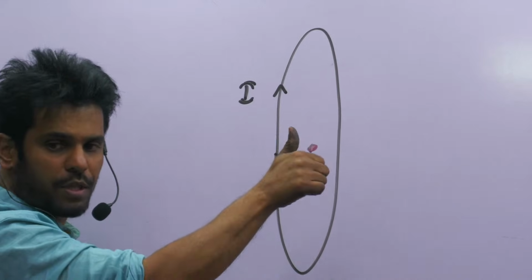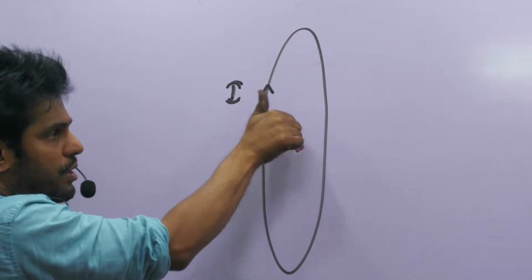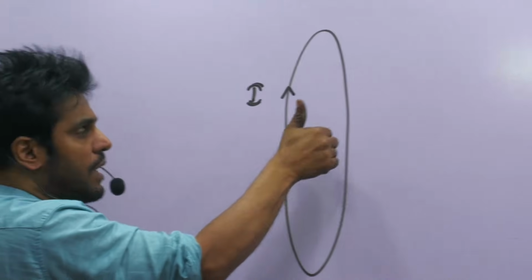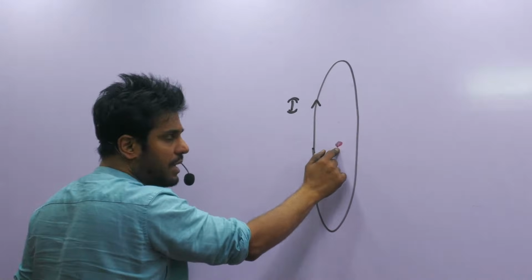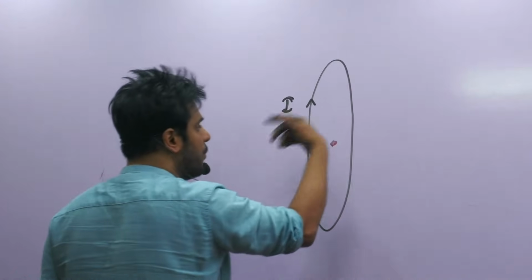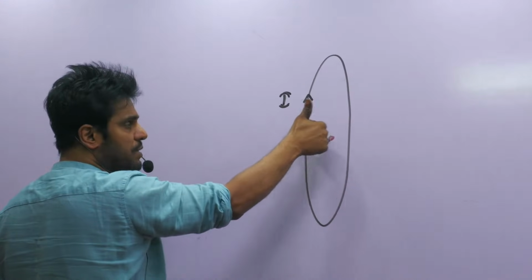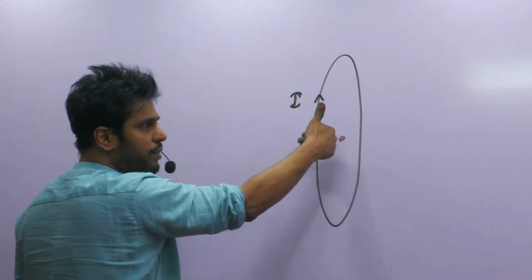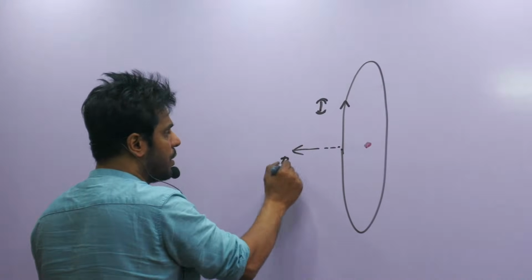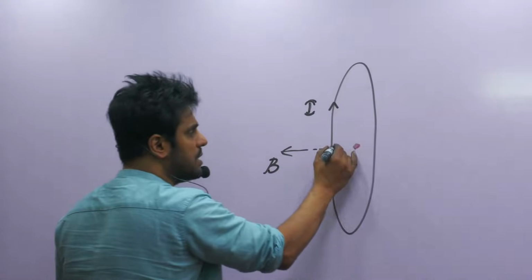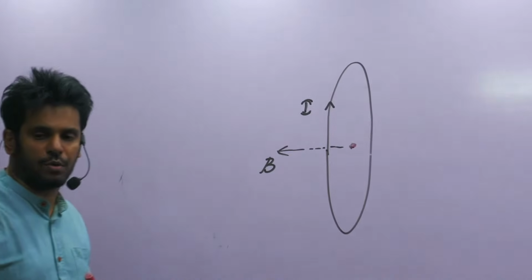You have to keep your thumb in the direction of current like this. Now you can see the center is in front of the current, so you have to keep your fingers like this. At that time, it makes the magnetic field like this. This is the direction of magnetic field due to the current.